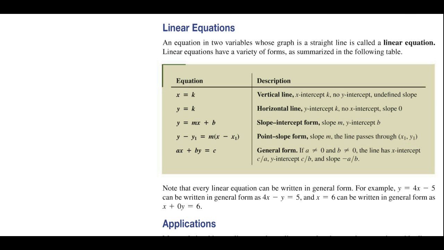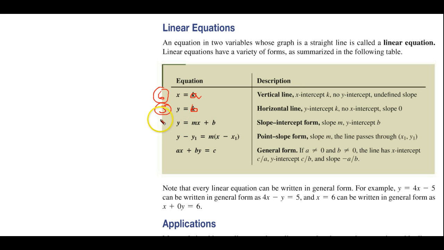So finally, they're giving us a summary of the various equations. We said this one was formula 6, and we said that is equal to a. And this was formula 5, and that is equal to b.